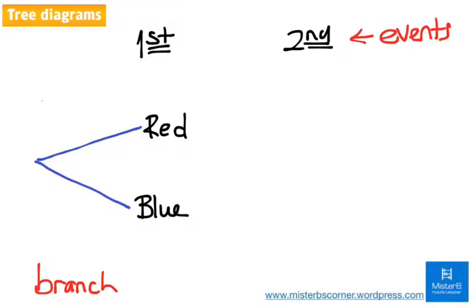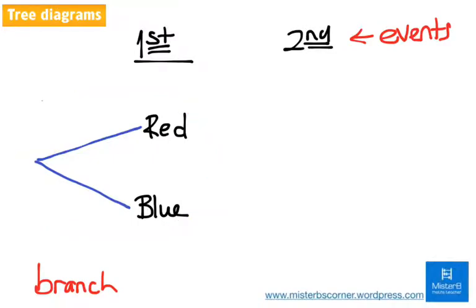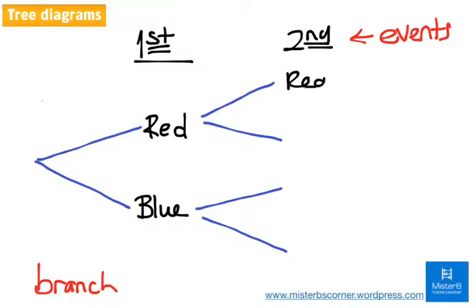Now, this is my first pick, so I just write these under the event, which is the first pick. And then, for each one of those outcomes, I have to copy-paste this small diagram here for the second event. So that's what I'm going to be doing. I'm going to draw 2 branches for each one of them, and then I'm going to write red and blue.